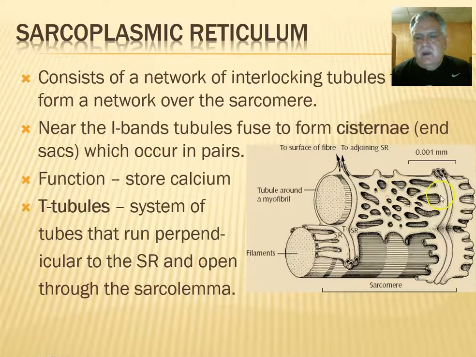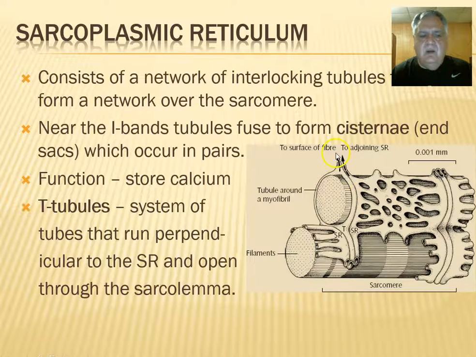Now, one of the things I failed to mention was that we have a cistern on this side, a cistern on this side, and then a long tube that runs between them. This long tube that runs between the two cisterns is referred to as a T-tubule. So T-tubules are a system of tubes that run perpendicular to the sarcoplasmic reticulum, which is running horizontally this way and ends in these end sacs called cisternae. These T-tubules are very important.